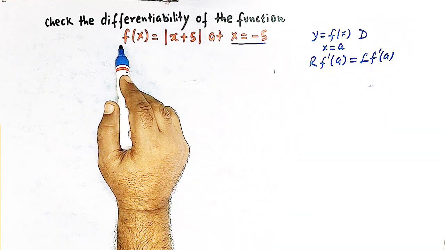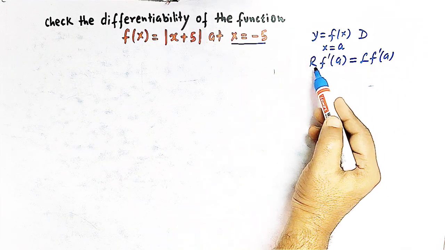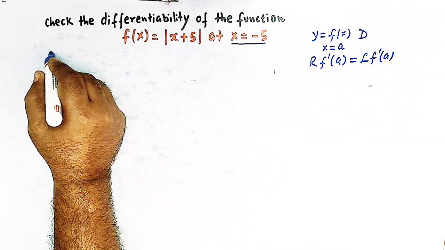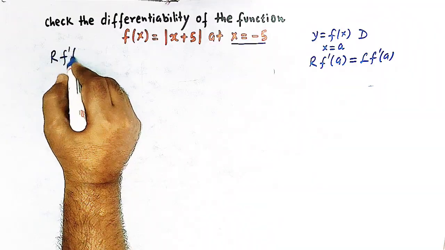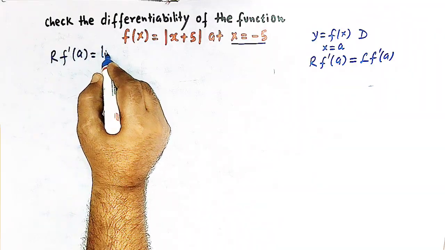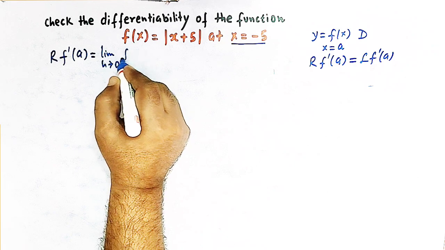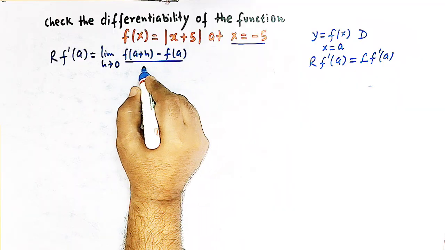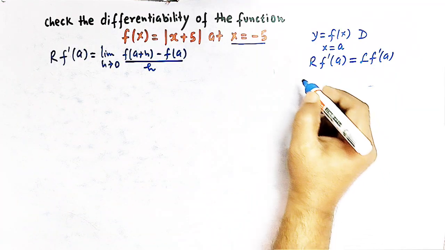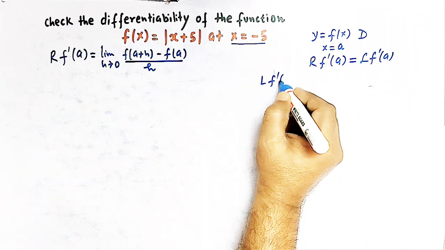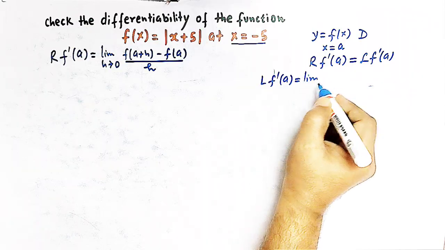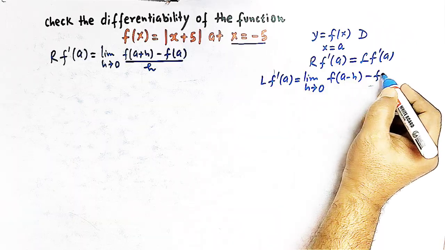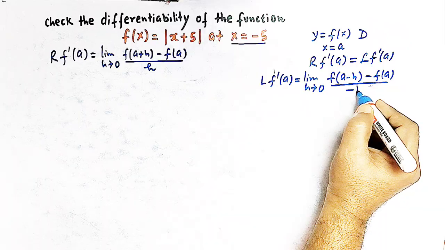So here we have to first find out the right hand derivative, and then the left hand derivative. The right hand derivative is given by the limit h tends to 0 of f of a plus h minus f of a divided by h. And the left hand derivative is defined by the limit h tends to 0 of f of a minus h minus f of a divided by minus h.